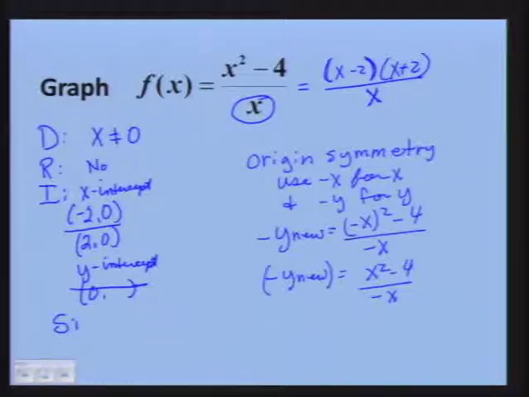But we don't want the opposite of our new y, we actually want our new y, so we'll multiply by negative 1 on both sides. Now think a minute. I'm really wanting to work on this minus because it doesn't match this x up here. So I'm going to multiply by 1 divided by negative 1 for my negative 1. So I get my new y equals x squared minus 4 divided by negative times negative is positive, which is x. And that is my original f of x.